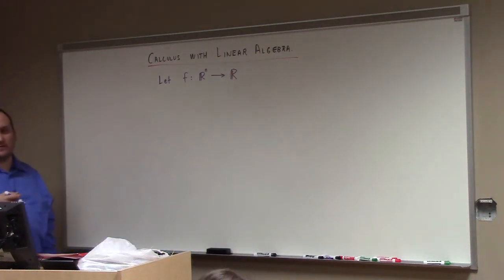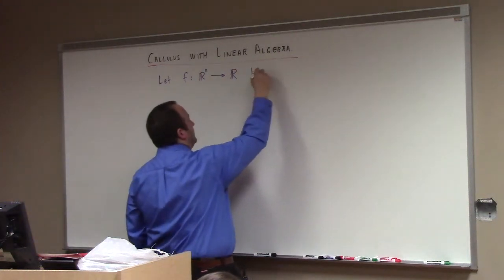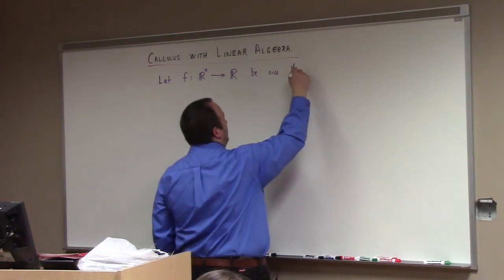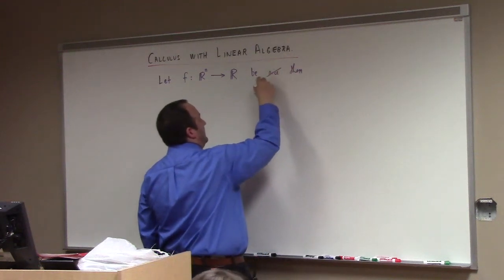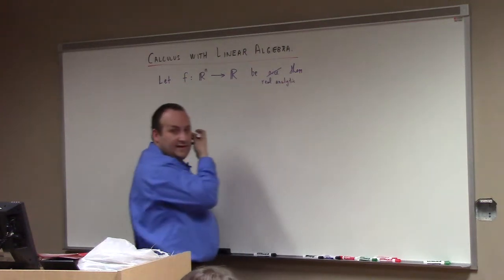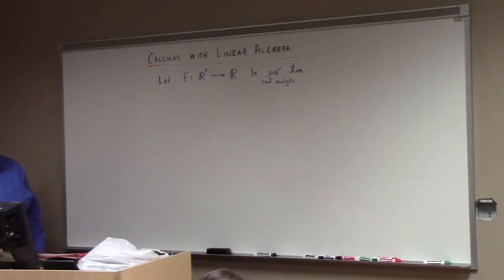So think about a function, an n-variate function with n inputs and 1 output, a real valued function of n variables. Be nice. And by nice, what I really mean is real analytic, meaning that it has a power series and the power series approximates the function near the point in question.